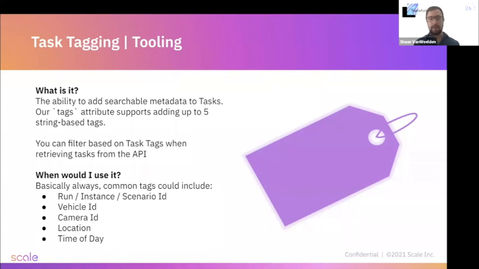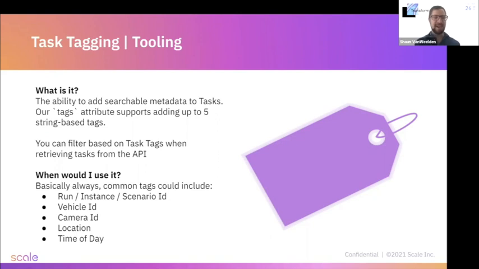I think quickly gone will be the days of trying to maintain a huge task mapping in a whole internal database about all these different things. We want to move that directly onto our platform. And I think task tagging is going to play a big role in that as we get started. So really looking forward to this one. Very happy to chat more about it and how this could be used.